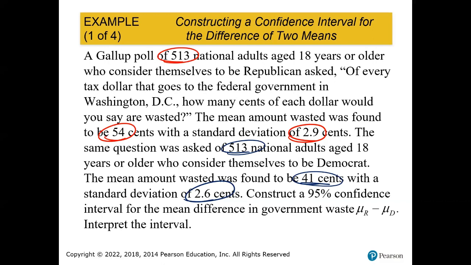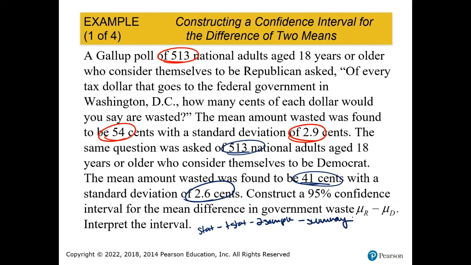Construct a 95% confidence interval for the mean difference: mean of Republicans minus mean of the Democrats. We have mean, standard deviation, sample size, mean, standard deviation, sample size. Those are just going to go straight into Stat, T Stats, two sample, summary.